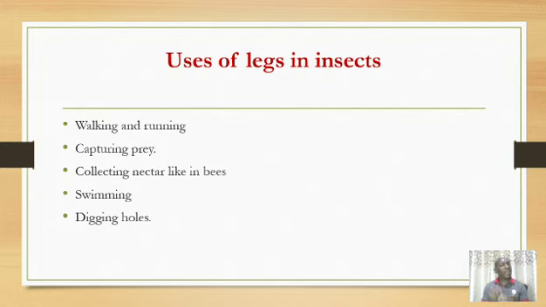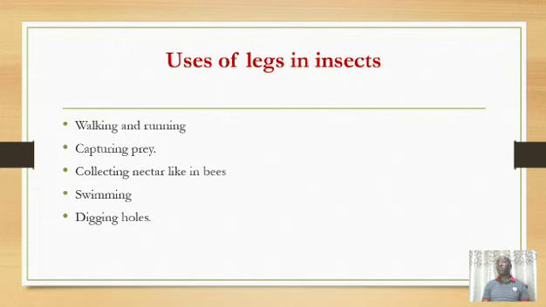So when they find other organisms which they kill and feed on, that process is what we are calling capturing. They kill, then they feed. So they may use these legs to kill and then to bring these prey, or other organisms that they have killed, to the mouth. That is what we are calling capturing prey.